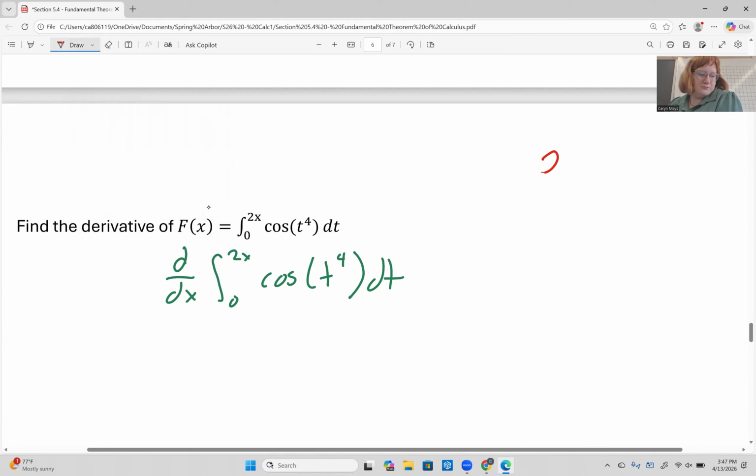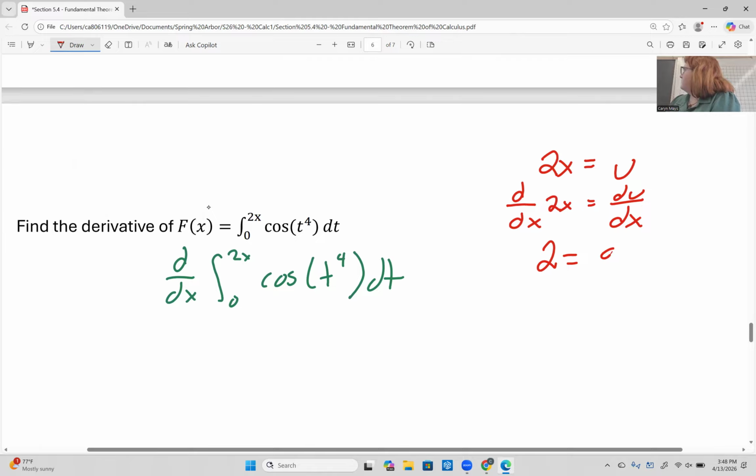Let's take that 2x and call it u. Then if I take the derivative of 2x with respect to x, what is that? What is the derivative of 2x with respect to x? 2. This is the same as saying the derivative of u with respect to x, because 2x and u are the same.